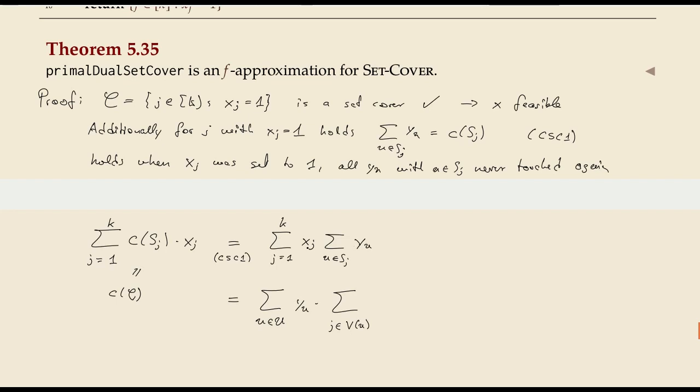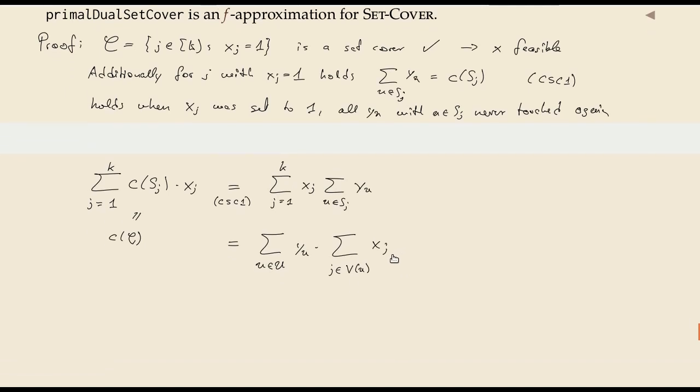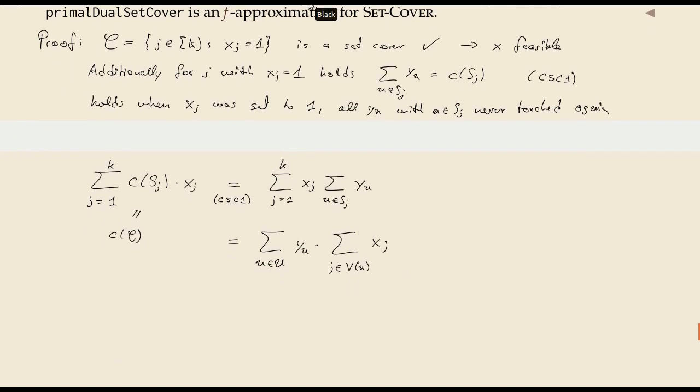Well, for all the sets that contain this, and then we have here the xj. Now we can bound this by f, because that's the definition of the frequency.